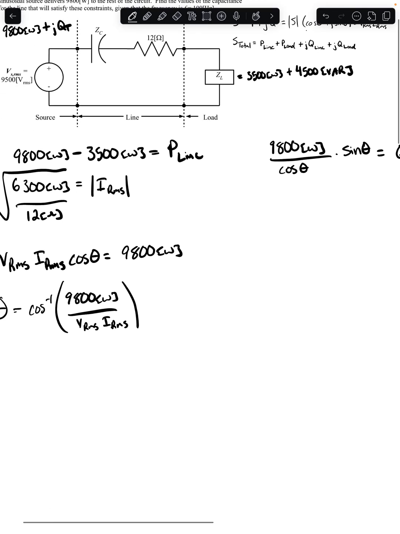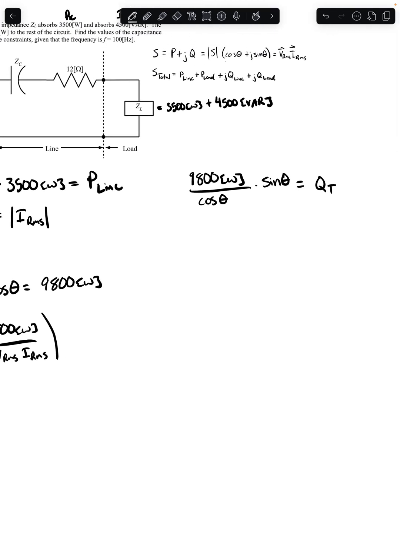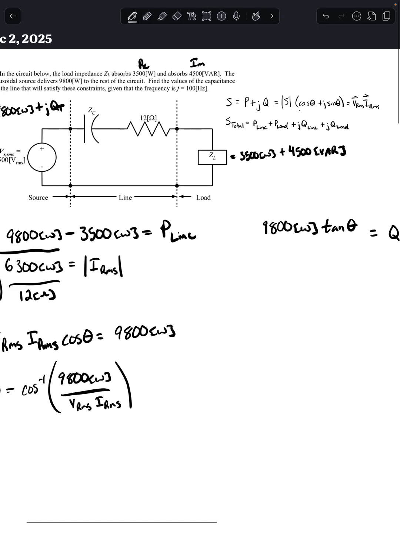And so we can now use this number because we have all of these things. We can also simplify this and say tan theta, because that's the definition of tangent.